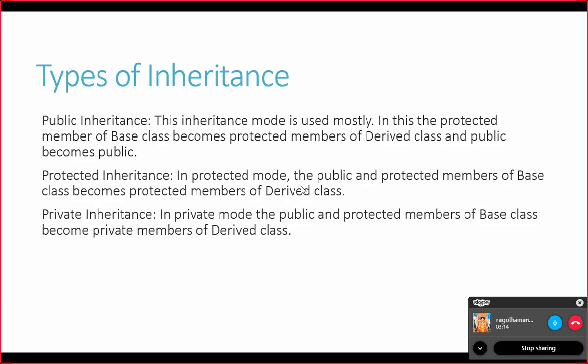And we talked about types of inheritance. In public inheritance, the public methods remain public, protected remains protected, private remains private in the derived class. In protected inheritance, the public becomes protected, protected remains protected, private remains private. In private inheritance, all the members and member functions become private in the derived class.